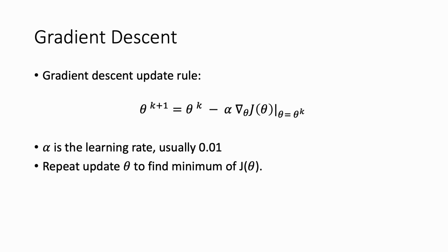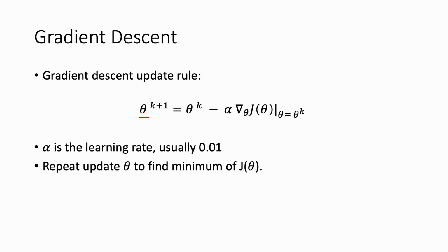Then we use the gradient descent method to find a better theta, and this algorithm introduces alpha, the learning rate, usually equal to 0.01.